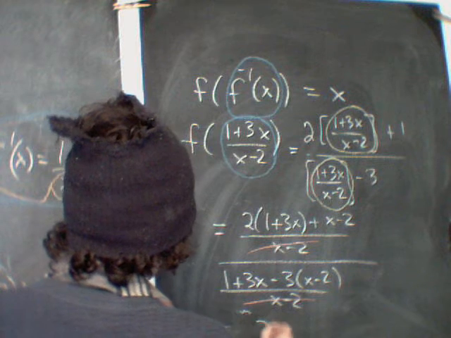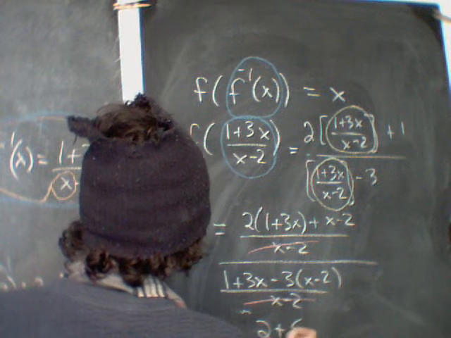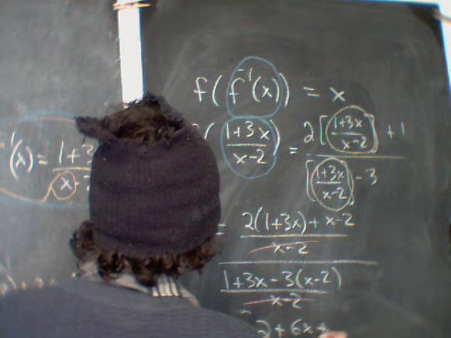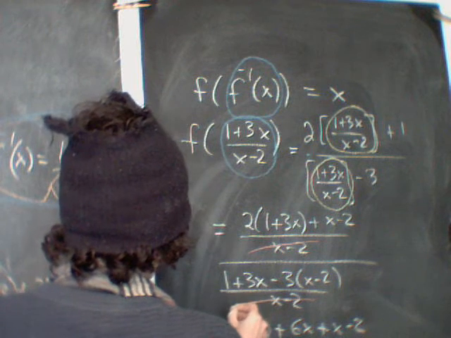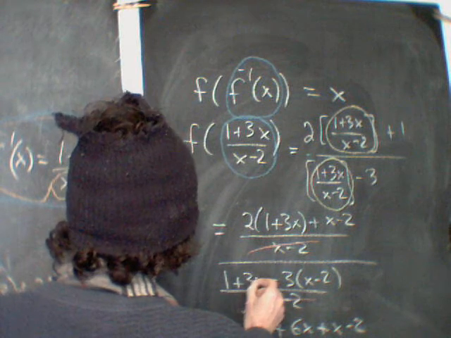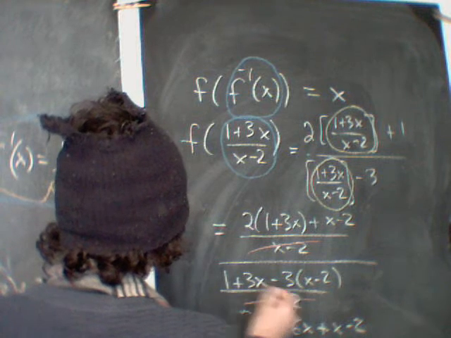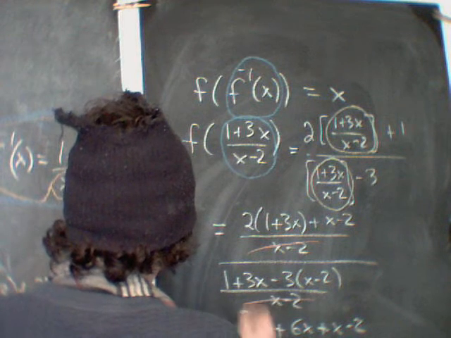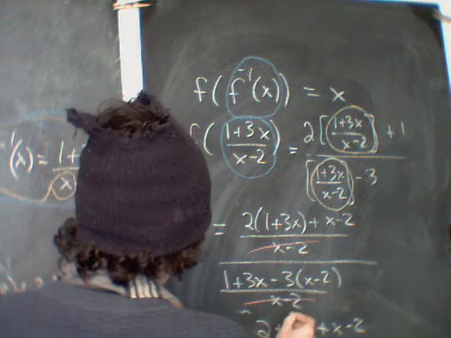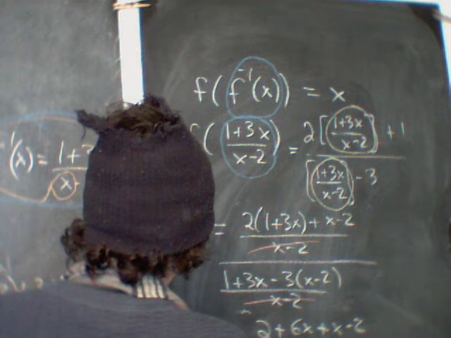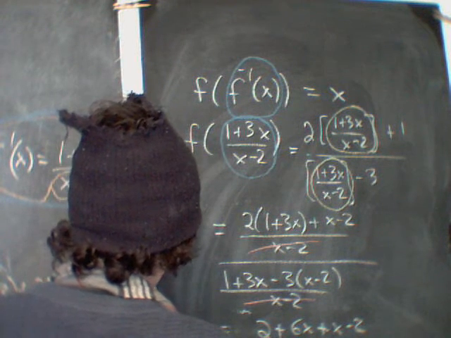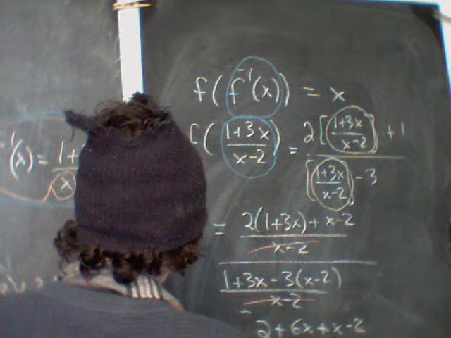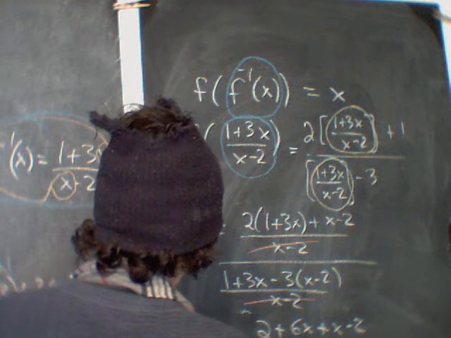But 2 plus 6x plus x minus 2, and then we get, the 3x's cancel away, and we're left with 1 plus 6, and the 2's cancel away here, we're left with 7x over 7.